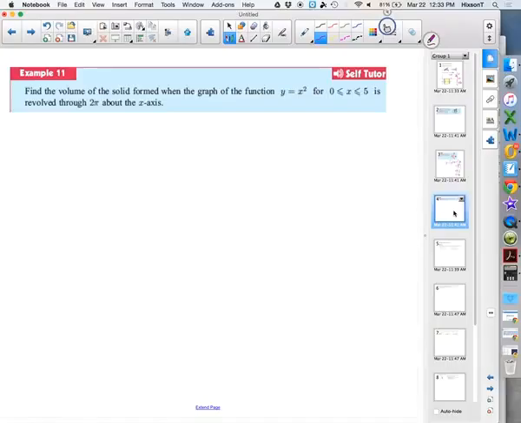Alright, so let's take a look at what we're doing here. Here's our function y equals x squared. It goes through the origin, and then over here at 5, it's up at 25, right? So here's our curve, and we're revolving this area right here around the x-axis.